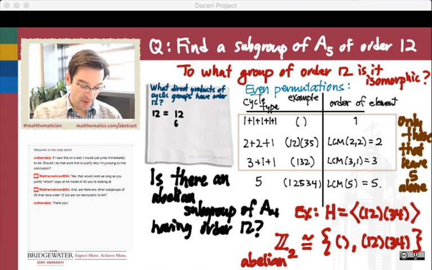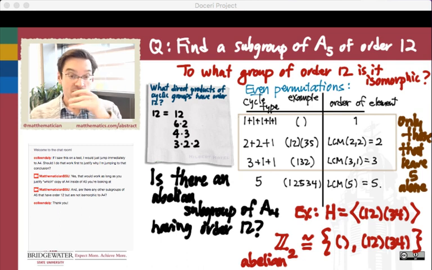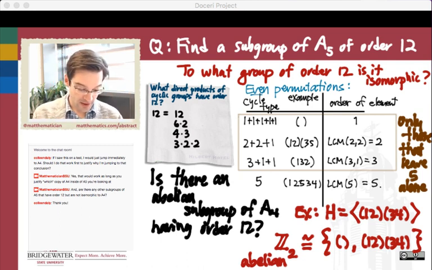But after that, we can also do 6 times 2. And we can also do 4 times 3. But then since 6 can be factored into 3 times 2, and 4 can be factored into 2 times 2, we could also do 3 times 2 times 2. So here are 4 different ways to factor the integer 12 in a non-trivial way.